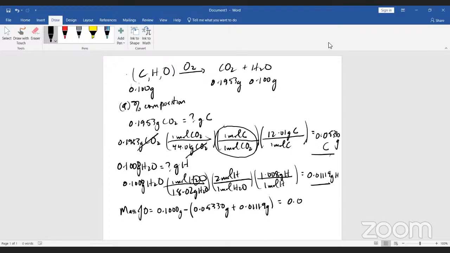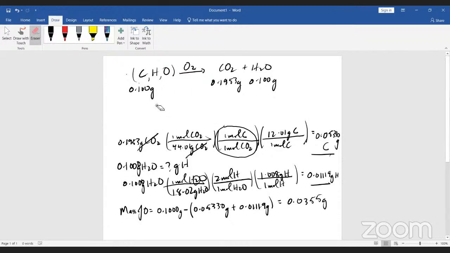I got, let me see, 4 decimal places, okay, 0.0355 grams of oxygen, all right? So now that we have the masses of each of these, we can determine the composition. I'm going to need some space, so let me erase up here. In fact, let me erase all this here.